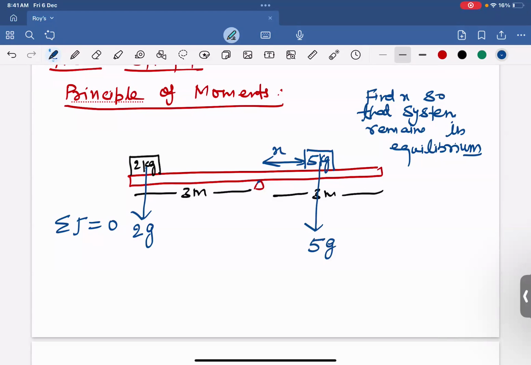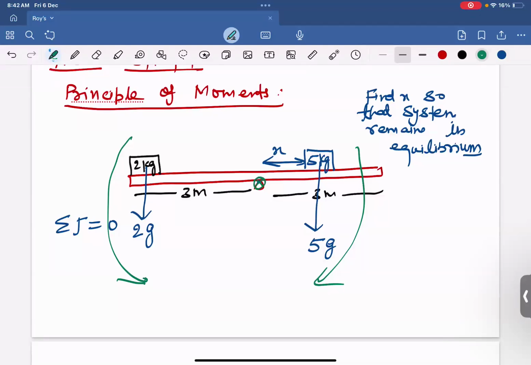You see, one force tries to rotate the rod anti-clockwise, and this force is trying to rotate the rod clockwise. The axis is here only, this is the axis.